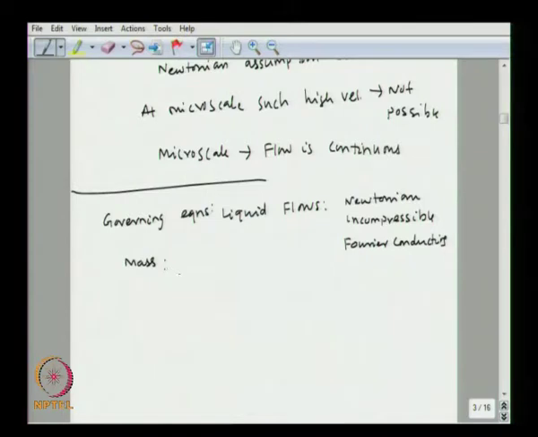So, we write down the mass conservation equation, which will be del ui over del xi equals 0.